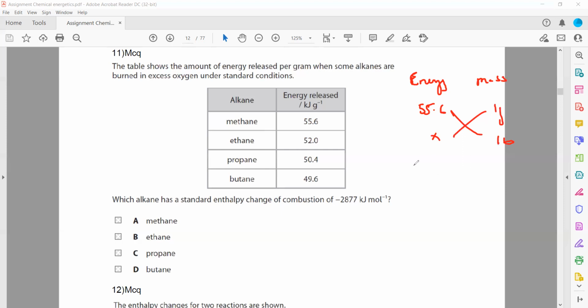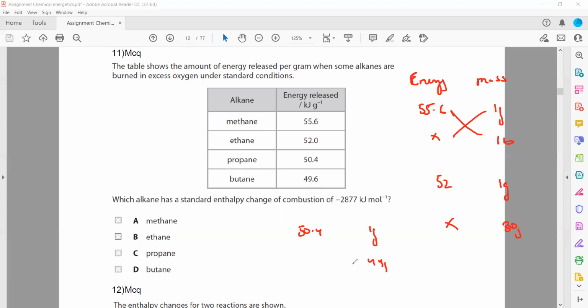Same thing for ethane, 52 is there for 1 gram, but 1 mole of ethane means how much? It is C2H6, so 24 plus 6, 30 will be there, so 30 will be X. Same thing for propane, 50.4 is there for each gram, but propane is C3H8, so 36 plus 8, 44.